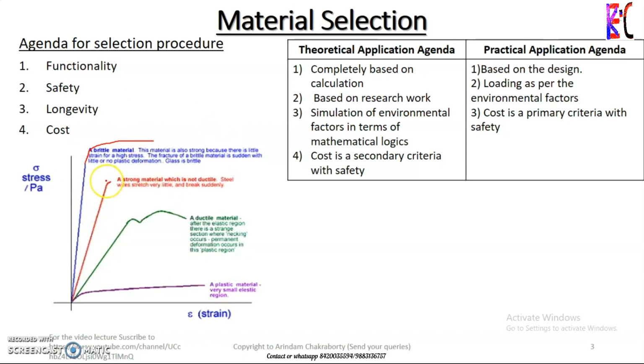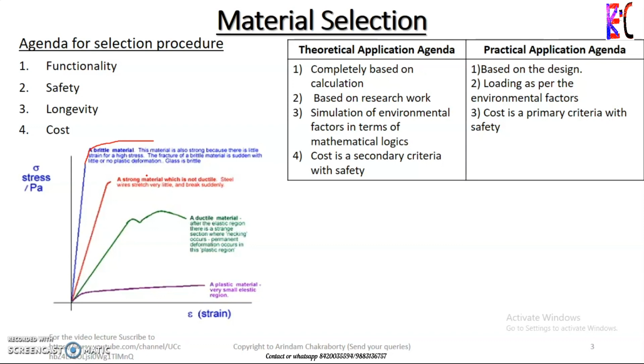So this will be completely brittle material. Now, going back to what is left, a polymer, reinforced or non-reinforced, could act as your ductile material as well as a brittle material. So that completely depends.